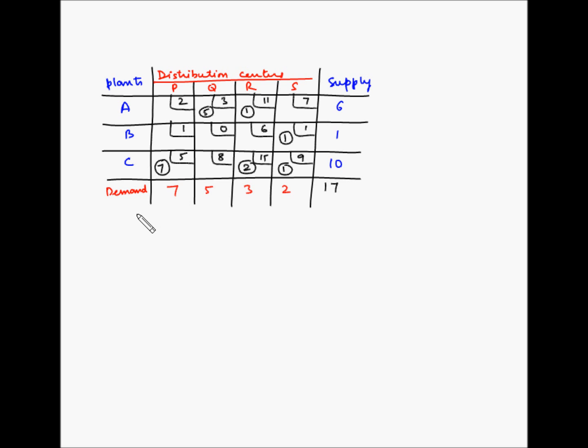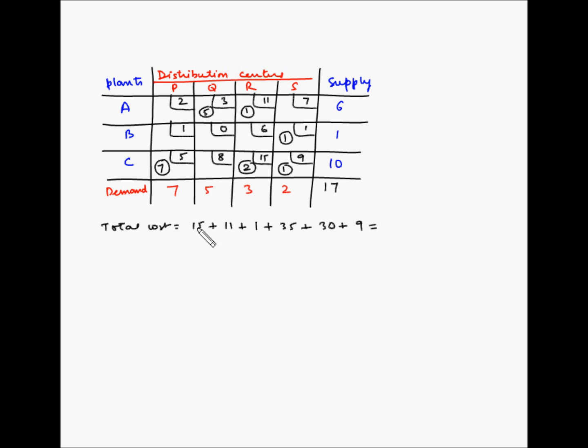Now let's quickly calculate the total transportation cost for this solution. So total cost is equal to 5 3s are 15 plus 11 1s are 11 plus 1 1s are 1 plus 7 5s are 35 plus 15 2s are 30 plus 9 1s are 9.